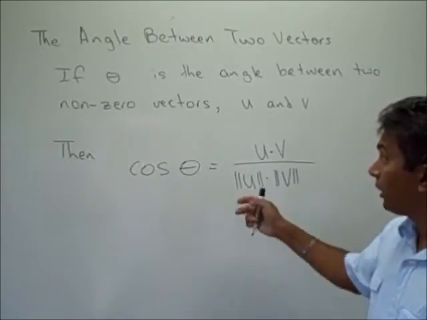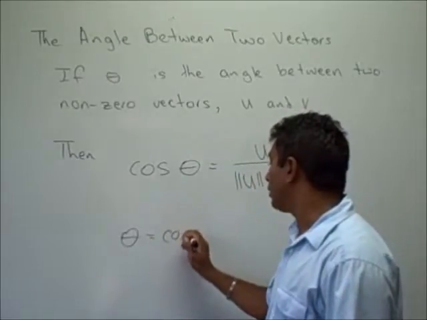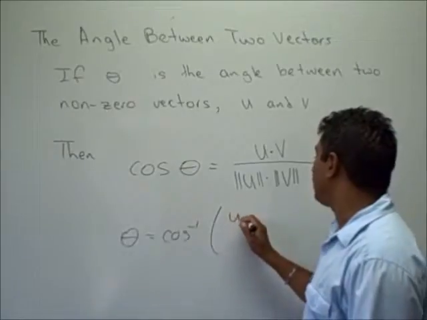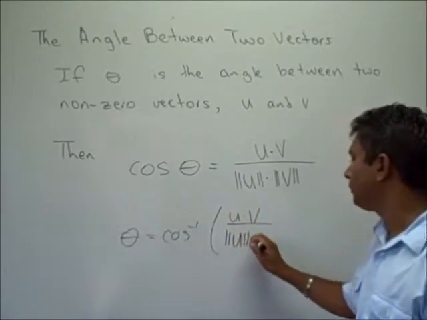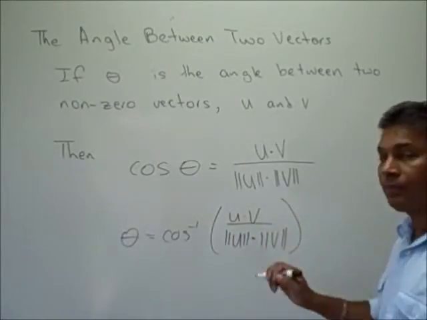From this we can find theta. We know that theta will be the arc cosine, or the cosine inverse, of u · v over the magnitude of u times the magnitude of v.